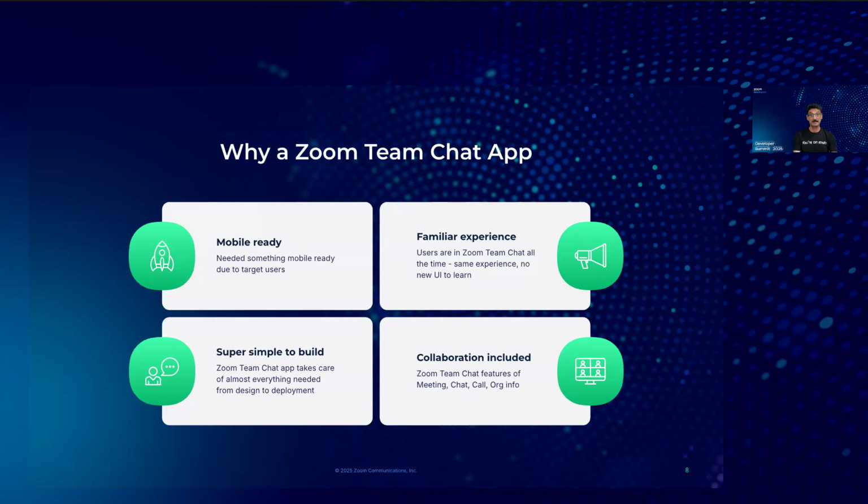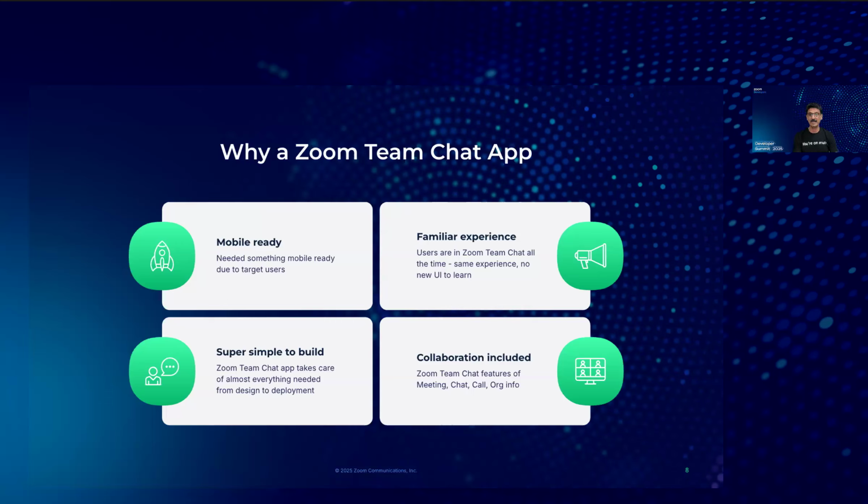Based on what we saw, and you will also see very soon in the following slides, it is very easy to build. That was again one of the big factors: we have data, and we have a very easy way of putting a layer on top of that, so we can easily expose it in this amazing collaboration tool.